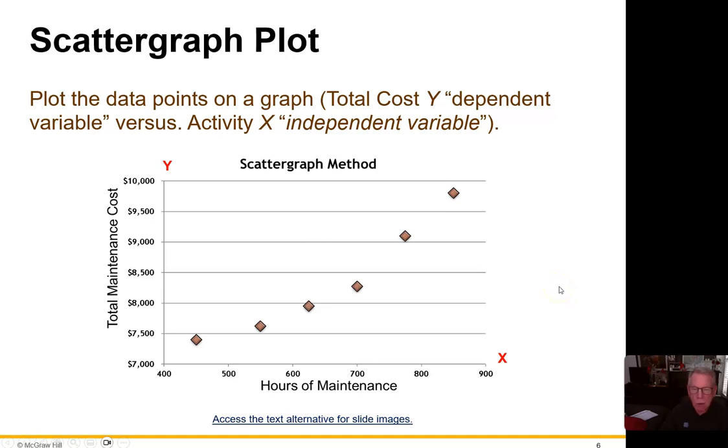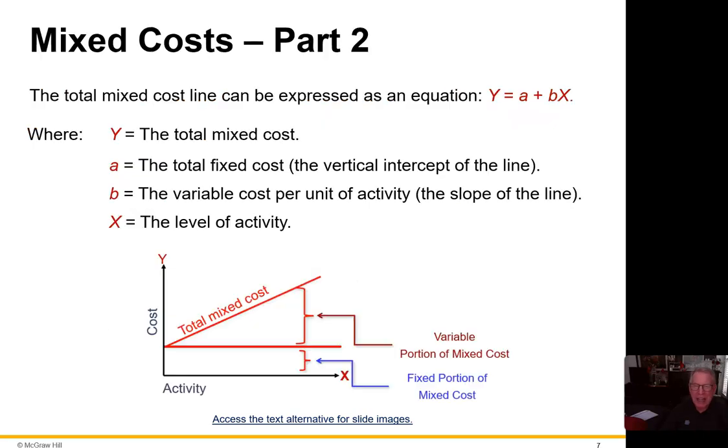So we can lay a ruler judgmentally on that and try to draw an estimate of what we think that plot would look like, with the y-axis being the dependent variable and the x-axis being the independent variable. So you hearken back a little bit to your earlier mathematical training for that. Okay, so here is the total mixed cost line.